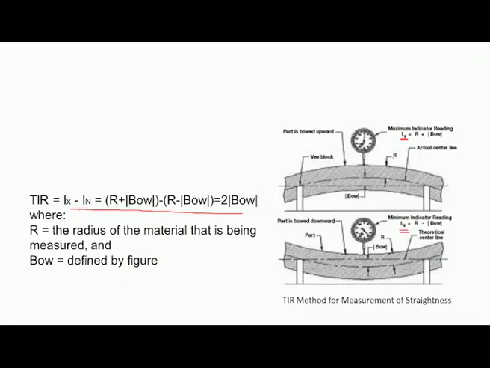These values are fed into this expression: TIR is equal to IX minus IN, that is, R plus the mod of the IX reading, minus R minus the mod of the IN reading. This will give us the total indicated reading, where R is the radius of the material being measured.